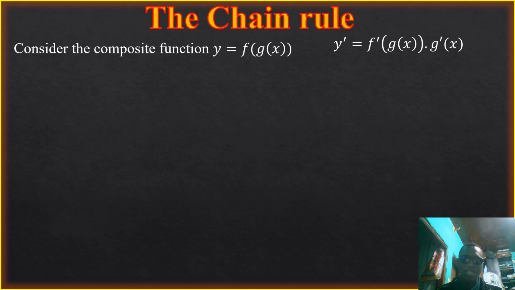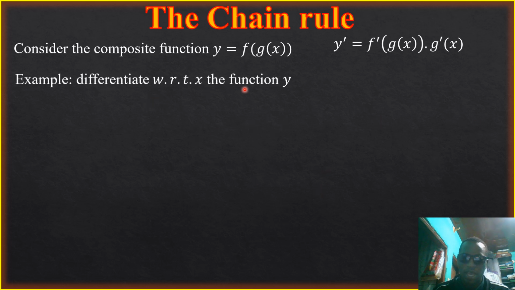So we're going to look at this example. We have to differentiate with respect to x the following function: y equals (3 plus 2x) raised to the power 6. When the power is just 2 or 3, some students will say, let's just expand and differentiate. What if the power is now large? That is where you use the chain rule.